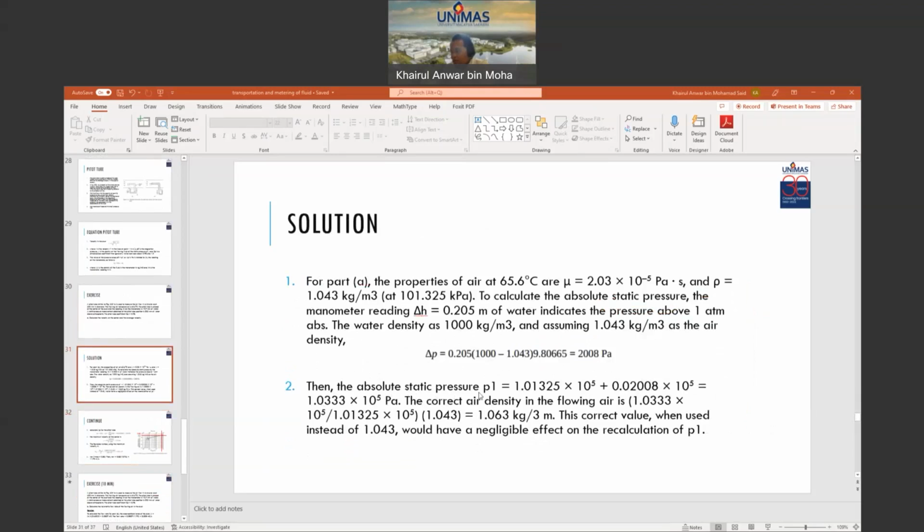Then the absolute static pressure P1 equal to 1.013 times 10 to the power of 5 plus 0.02008 times 10 to the power of 5, equal to 1.033 times 10 to the power of 5 Pascal. The correct air density in the flowing air is 1.063 kg per meter cubed. This correct value, when used instead of 1.043, would have a negligible effect on the recalculation of P1.